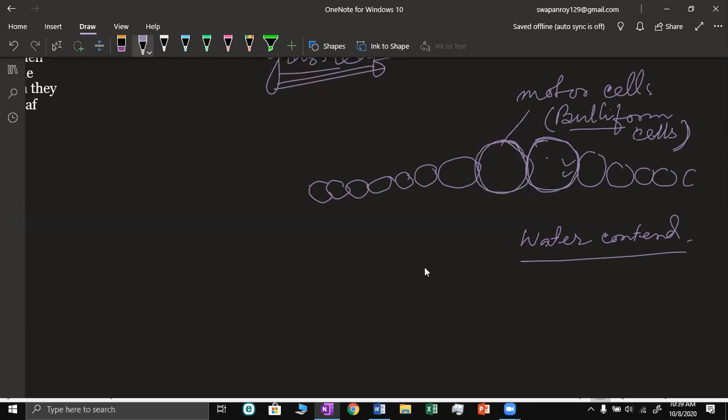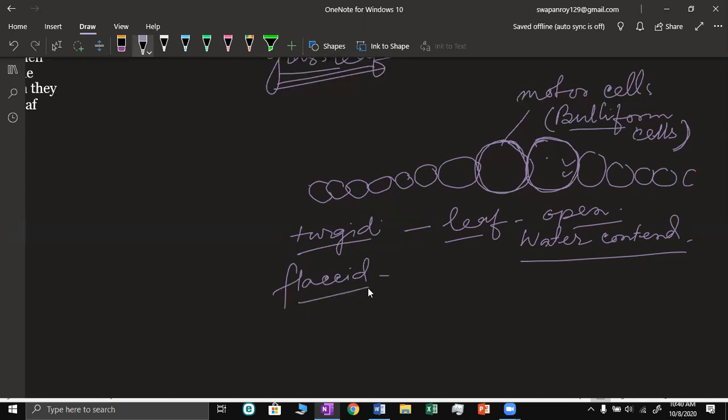And in that condition, when turgid, the leaf is open. But when there is water stress, less water is there, the cells become flaccid. That is, they have less water, and naturally their volume decreases.